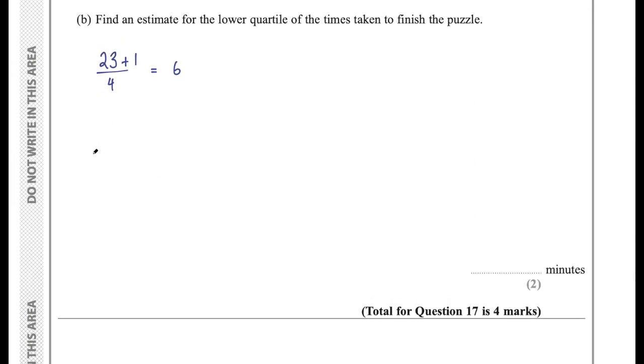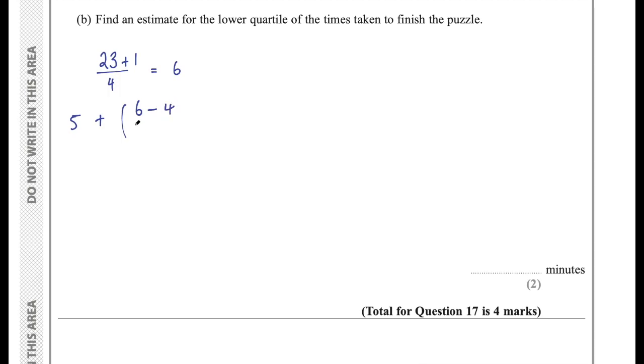Just to summarize all of that work: firstly, I took the time of the first interval, which was 5 minutes, because that's below the lower quartile. That's included in the lower quartile automatically. Then I took the difference between the total number of students in the lower quartile and the number of students in the first interval.